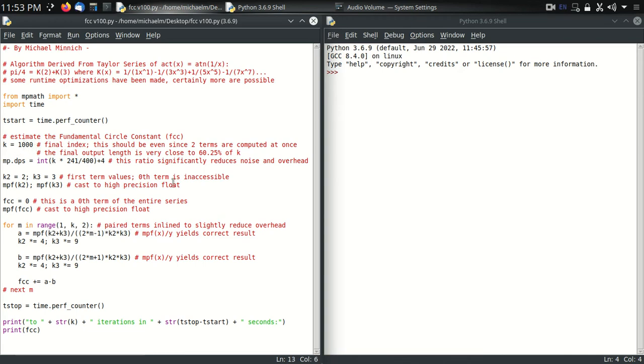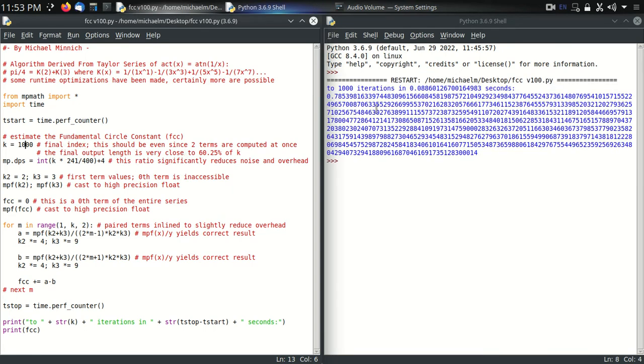So this will run in less than 1/10 of a second. It'll give you 1,000 iterations, and about 60.25% of that will be decimal places. So out of this, you're getting like 600 to 603, somewhere in that ballpark, decimal places.